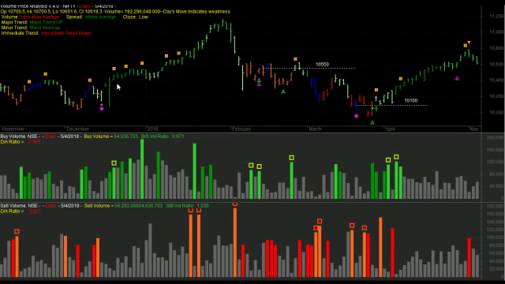Though the market was moving sideways, still we could see a huge amount of buying here. So it is clear at this juncture that the market is likely to go up because a lot of accumulation is happening here.